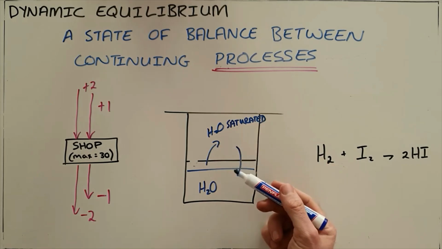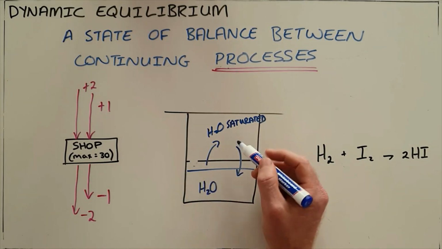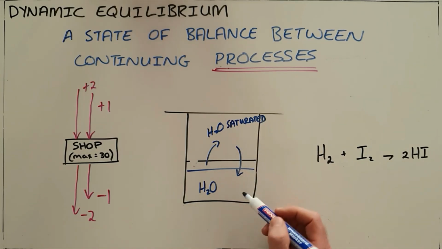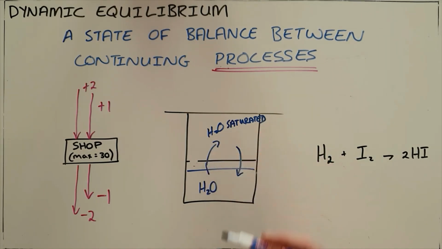So we say it's dynamic equilibrium because the amount of liquid and the amount of gas remains constant, even though there's constant change between the two.